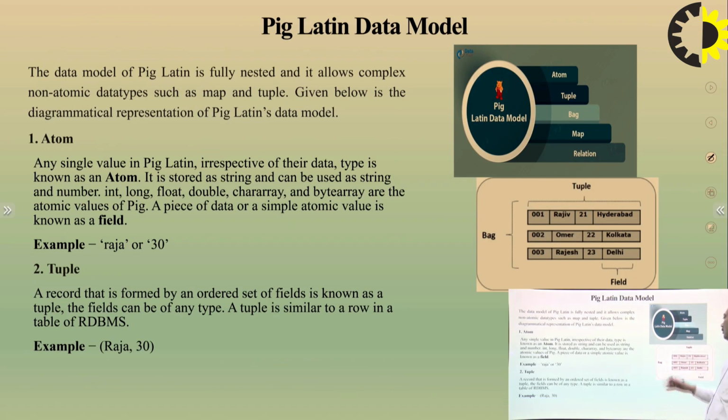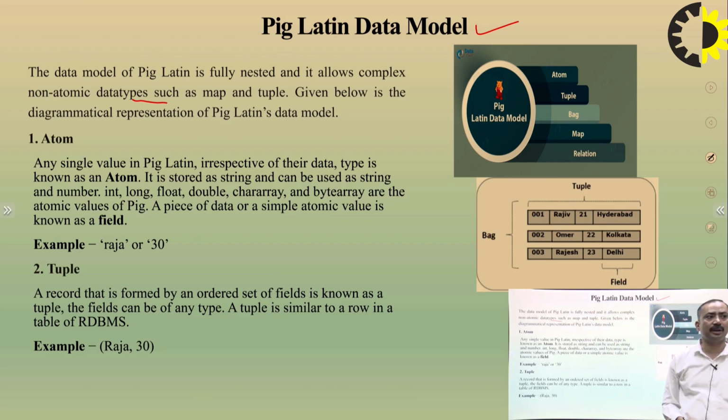Then we have a few supporting points with Pig Latin. So this is the Pig Latin data model. What is the data model of Pig? The Pig data model is fully nested, and it allows complex non-atomic data types such as maps and tuples.